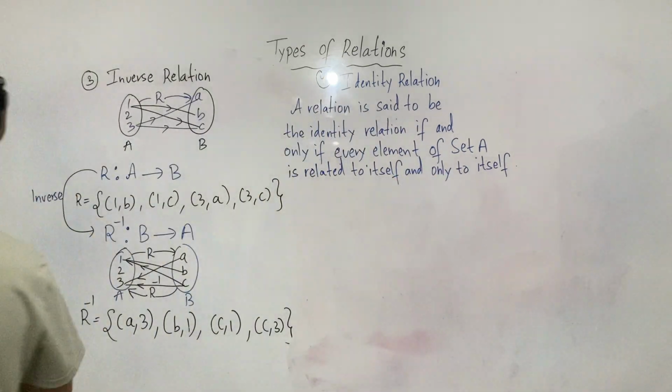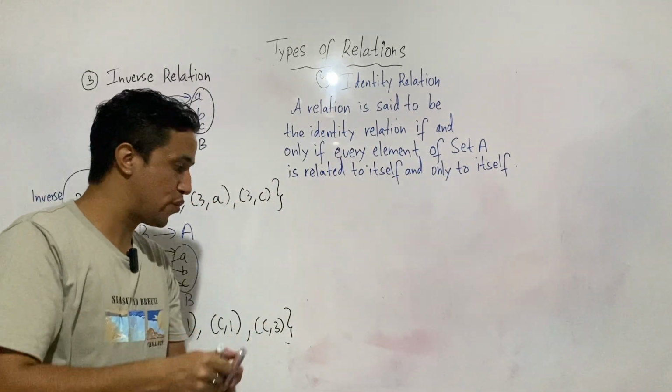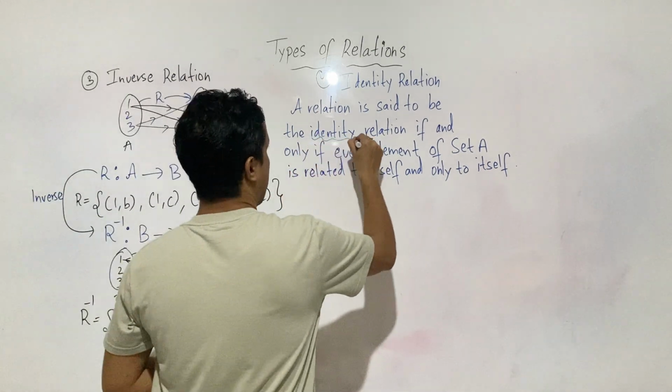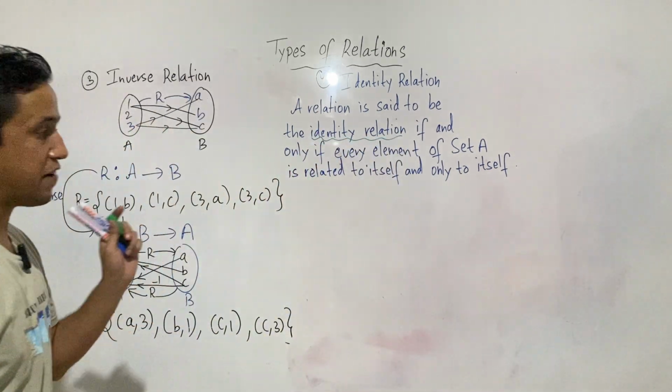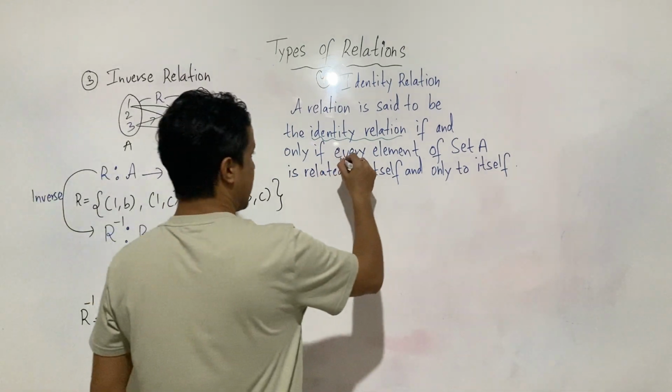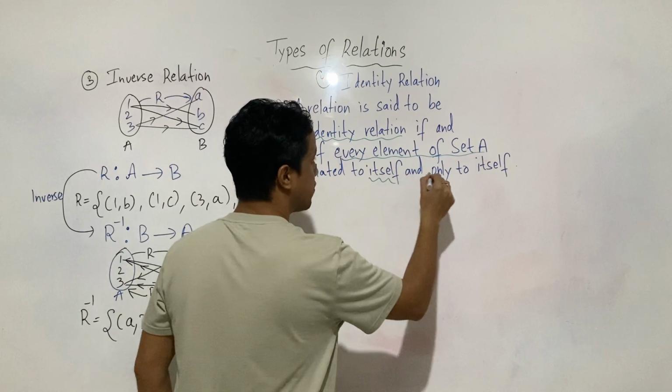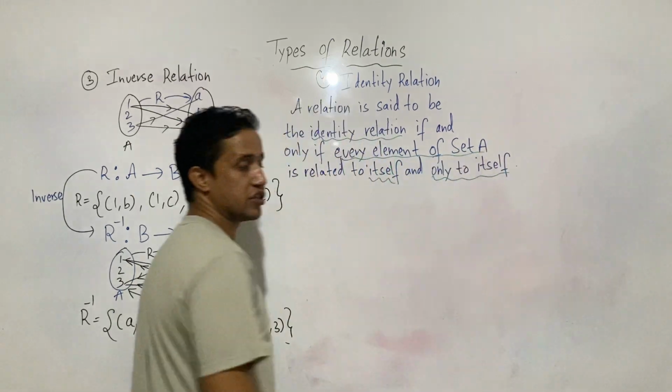Okay, so it's going to be identity relation if and only if every element of set A is related to itself and only to itself.